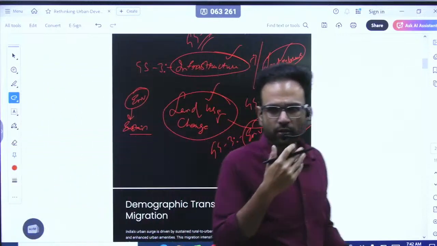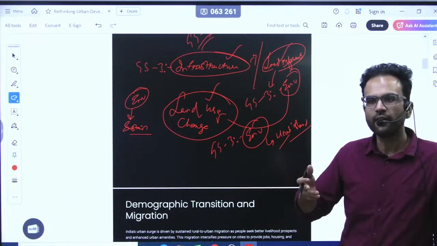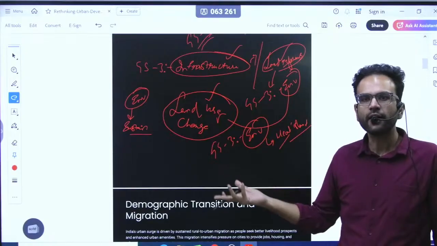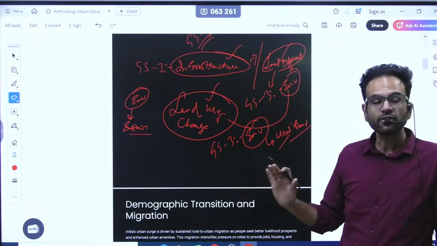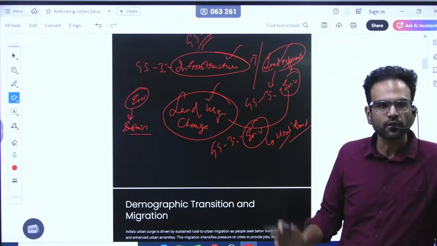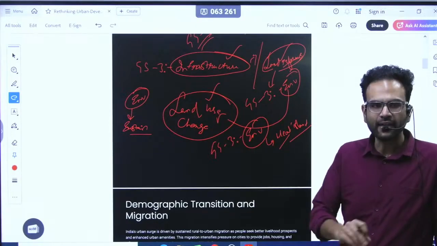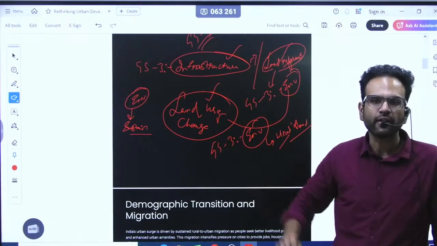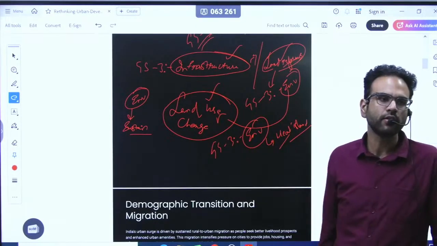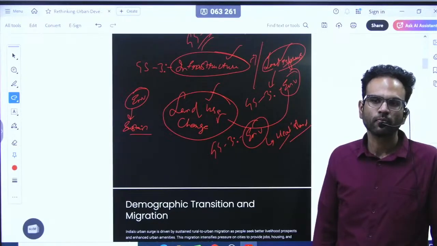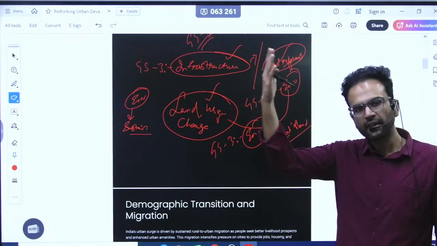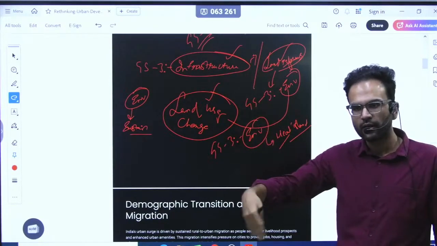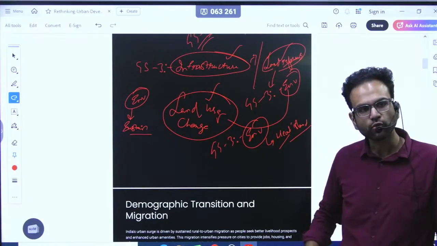You'll notice that in one part of the city it is raining heavily, in other part it is completely dry. That's not the case usually in rural areas, at least when the topography of that region is uniform. Unless there is a very big hill, something like that, a single village will not have so many variations.